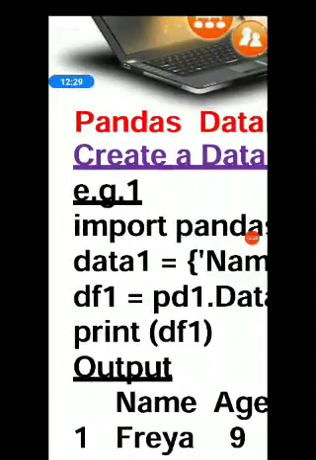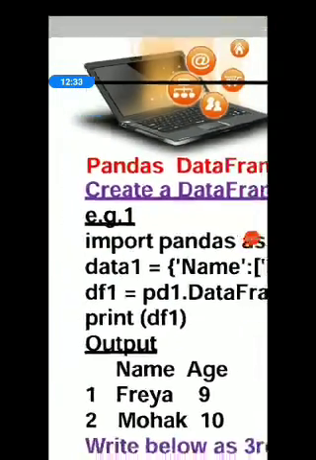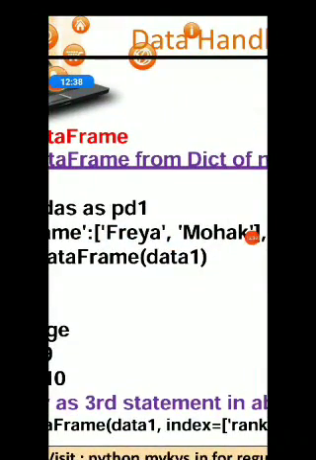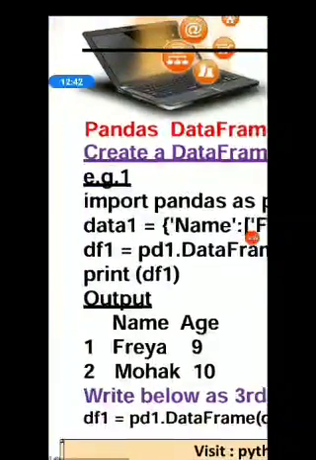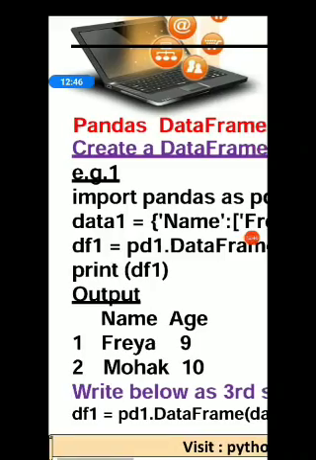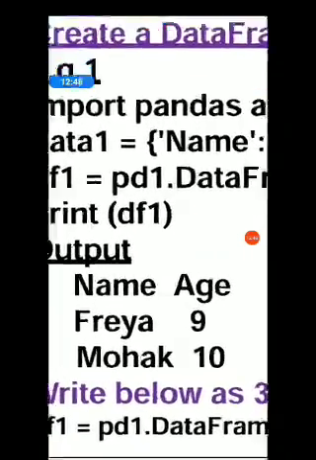So I have created one dictionary called data1, and simply I have to convert it into a data frame. So df1 equals pd1 dot DataFrame, and the dictionary name is given within the bracket, and then you have to print df1, and in this way the output generated will be like this.